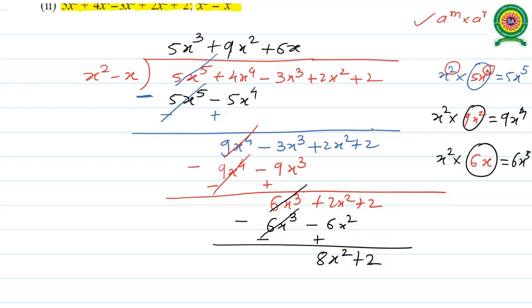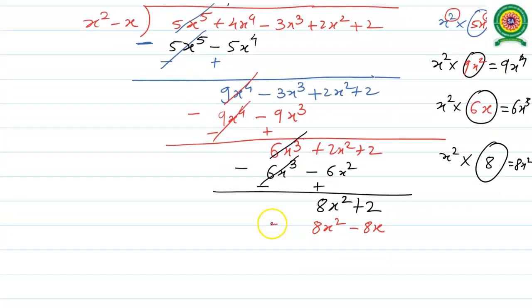Now we have the x square and we will require the 8 times x square. So once we multiply x square by 8, we are getting 8x square. So now we have to multiply our divisor by 8. So here we are getting 8 into x square as 8x square. 8 into minus x we are having now minus 8x.